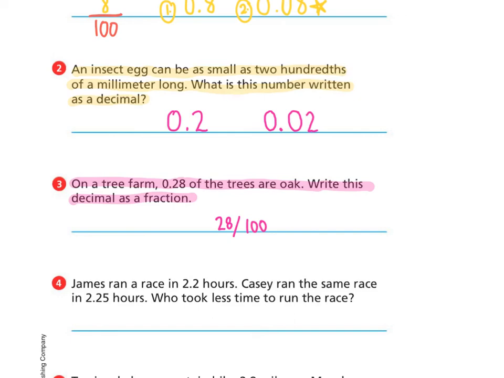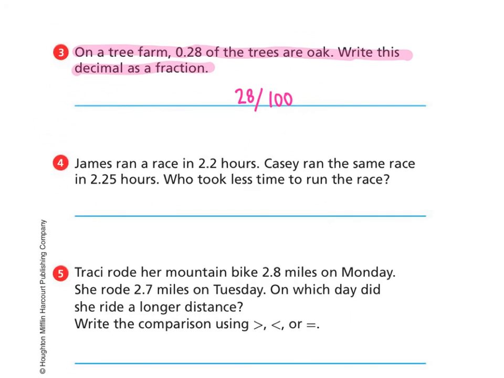Number 4 was one that most of you guys got wrong. Let's do our trick. I want you to write on your paper 2 and 2 tenths for James. And for Casey, we have 2 and 25 hundredths.